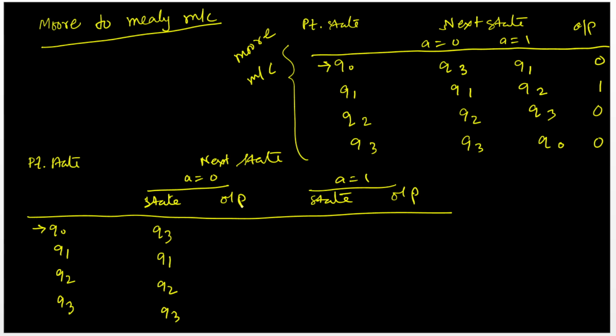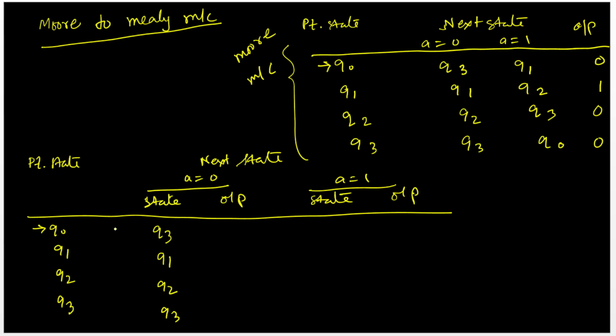But what will be the output? If for the input 0 you are in q3 state, what is the output of q3? It is 0. Clear? The output depends on the present state as well as the present input.